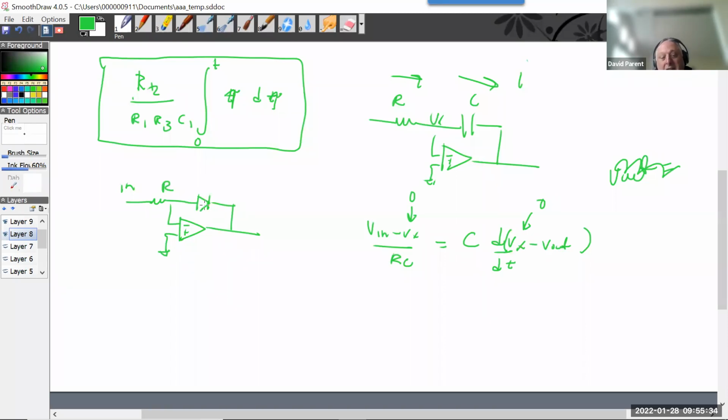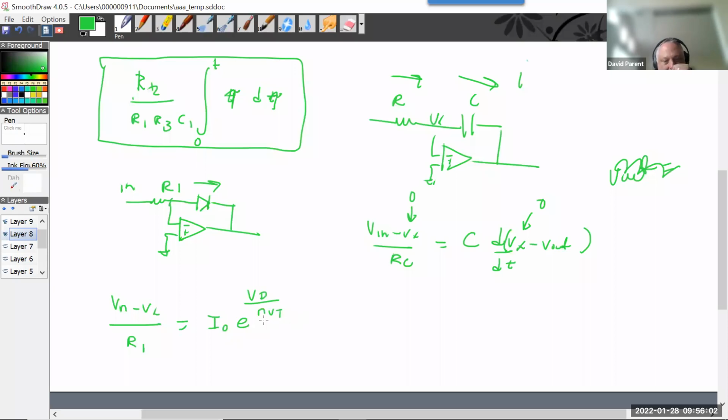Really, the diode equation is nonlinear. So again, I would have to do V in minus Vx divided by R1, and the current through that diode forward bias is approximately equal to something called I naught e to the V diode.